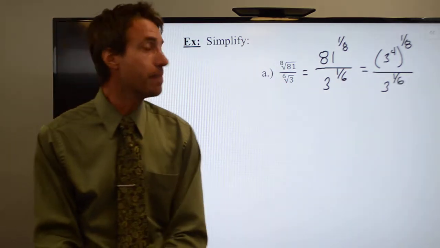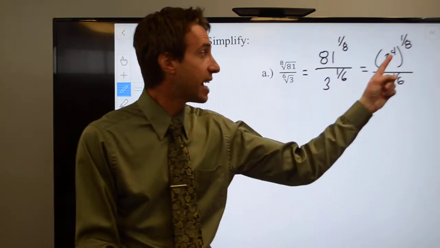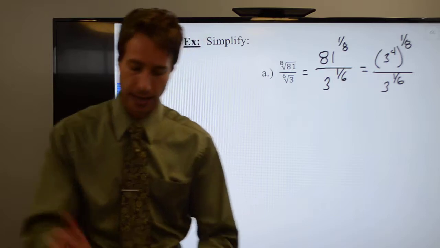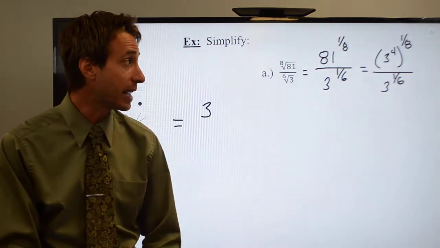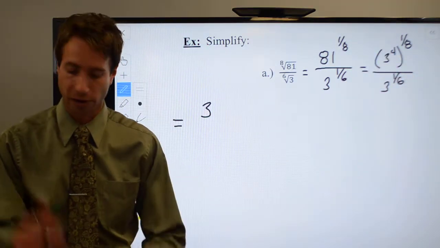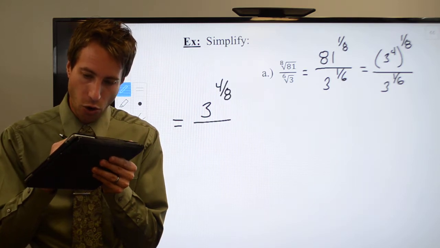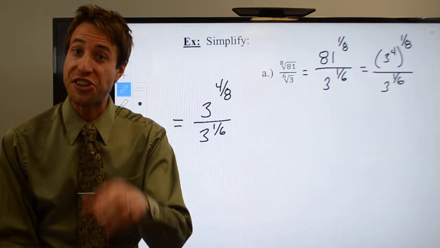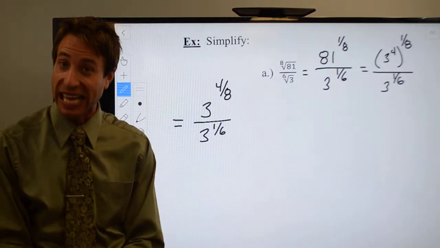Now we're doing really good, but another property of exponents was the power property, which says that when you have a power of a power, you multiply the exponents. So I'm now going to have a 3 to the 4 times 1/8, which would be 4/8, all over 3 to the 1/6. Now I have my common base. I have a 3 top and bottom.